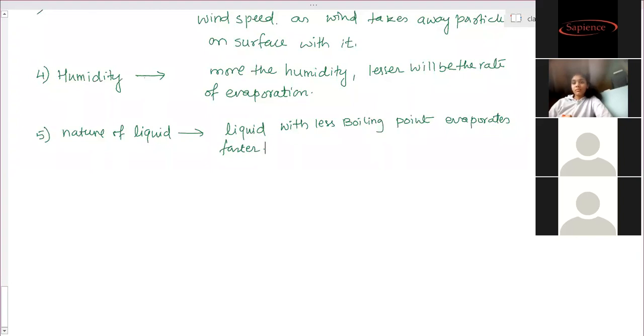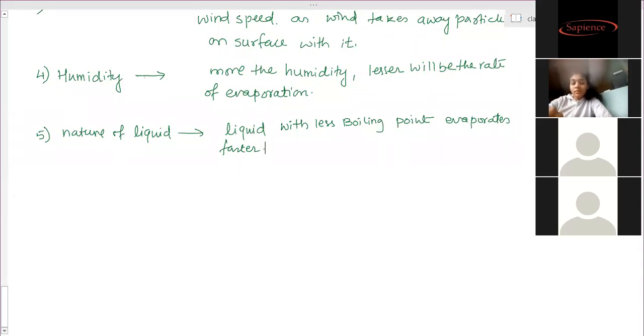Then, on a windy day, wet clothes dry faster than on rainy days. Ma'am, due to the wind speed. You have to explain wind speed as well as the rainy day.